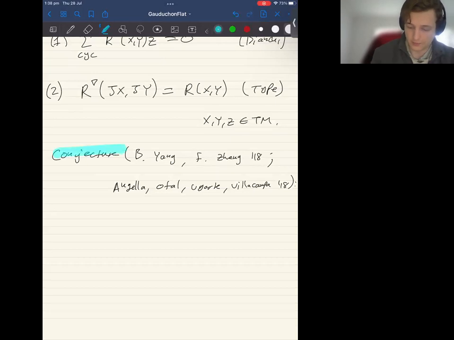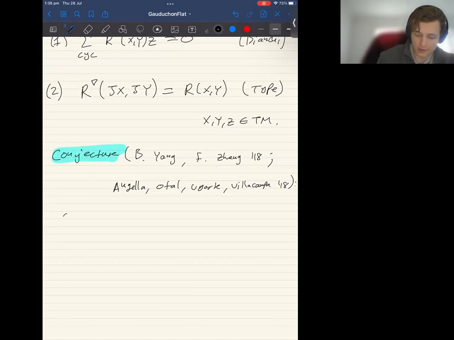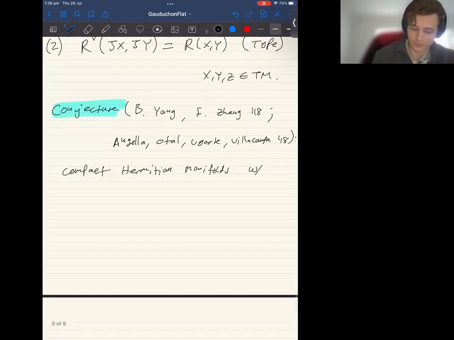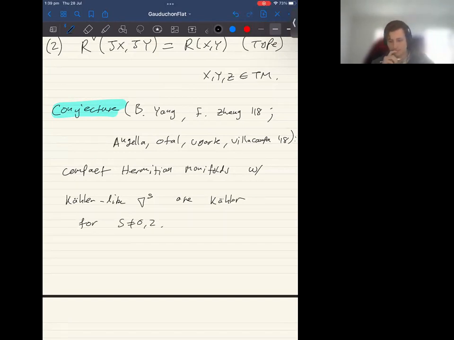The reason I've got two different sets of names will become clear in a second. Compact Hermitian manifolds with Kähler-like Gauduchon connection, say nabla S, are Kähler, for S not equal to 0 or 2.